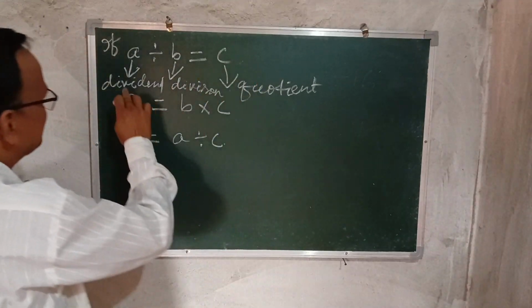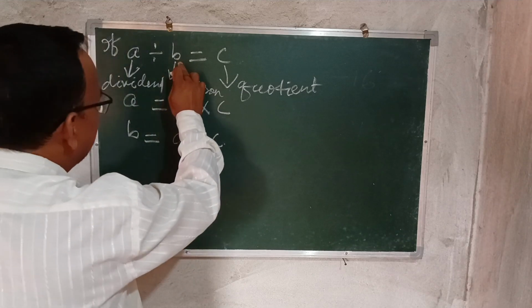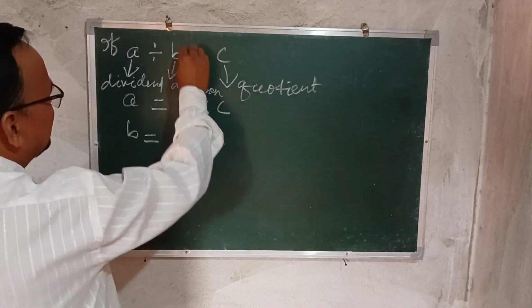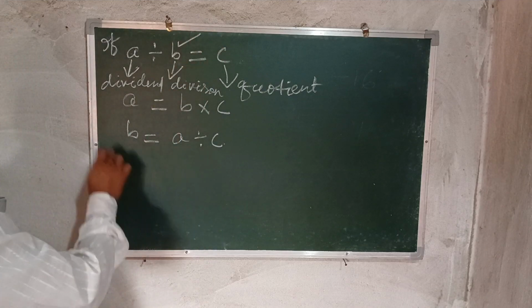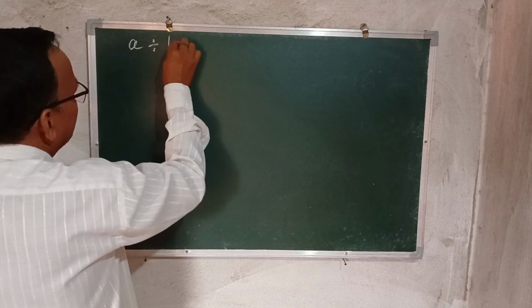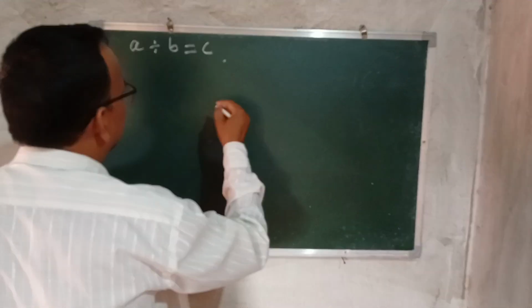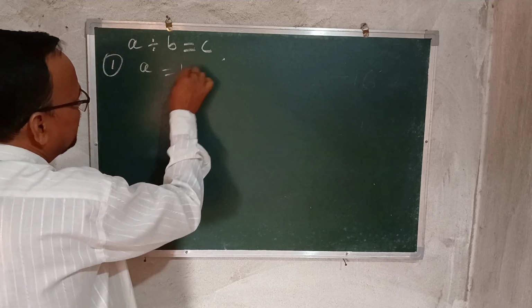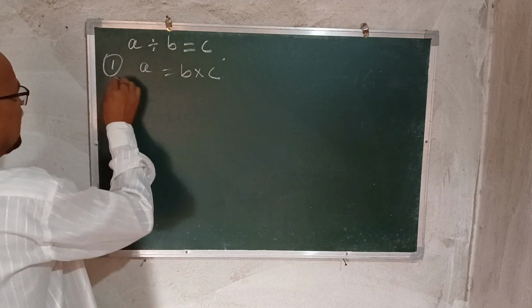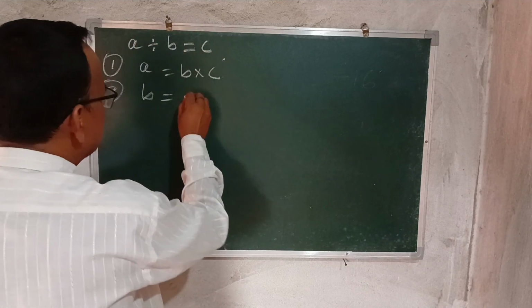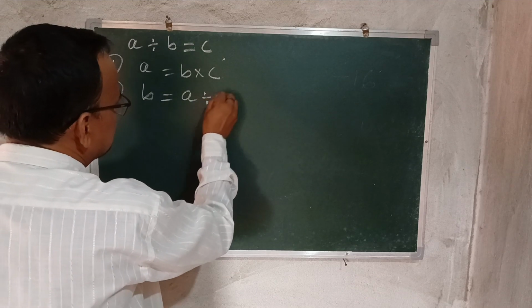And to find the divisor, when the dividend is divided by the quotient, we get the divisor. If a divided by b is equal to c, then formula number 1: a is equal to b into c, and formula number 2: to find b, we must divide a by c.